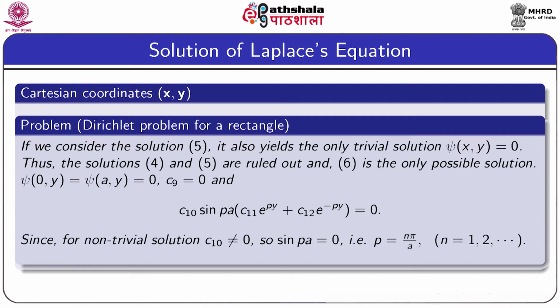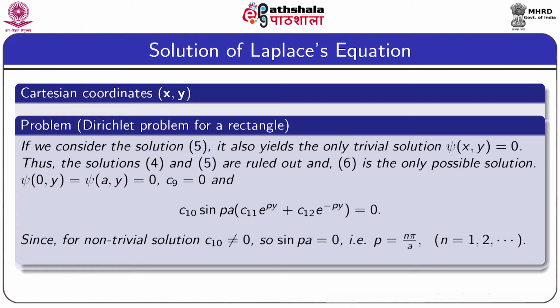Since we are looking for a non-trivial solution, C10 is not equal to 0 and the expression in the bracket cannot be 0. So, the only option that remains is sin(pa) equals 0, and we know the solution of this equation is sin(pa) equals sin(n pi), where n is an integer. So, from this equation we get the values of p as n pi by a, where n takes the values 1, 2, 3, 4, and so on.